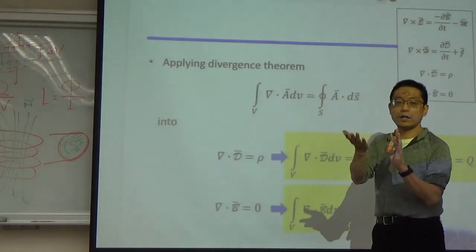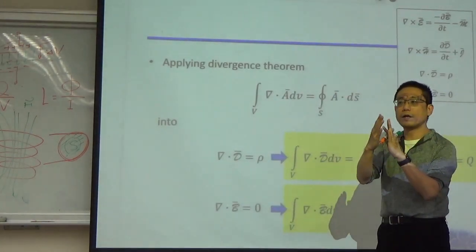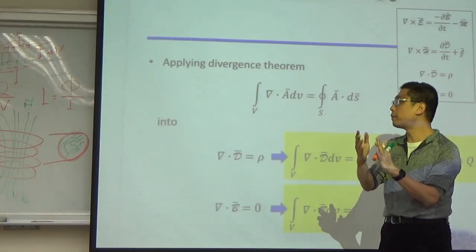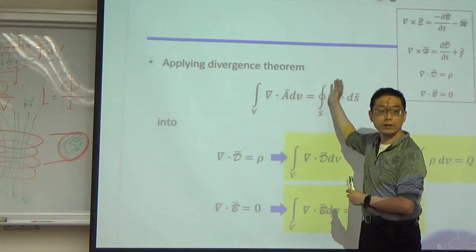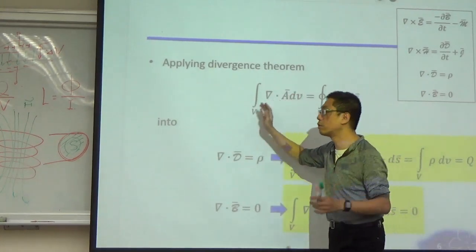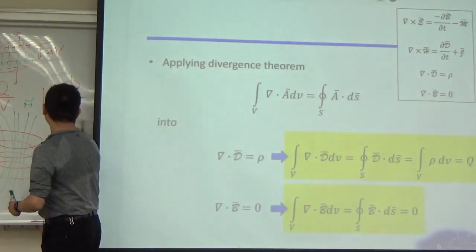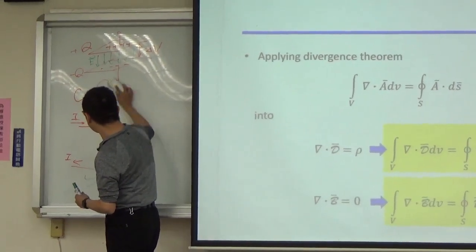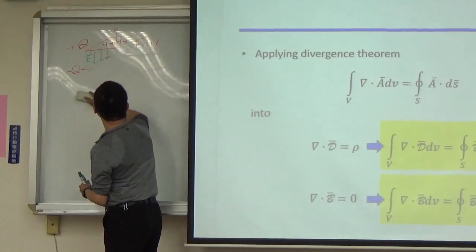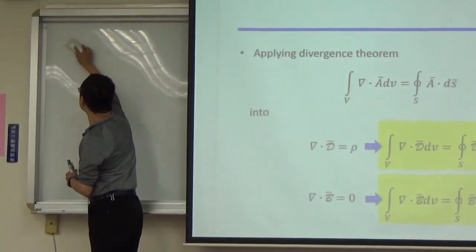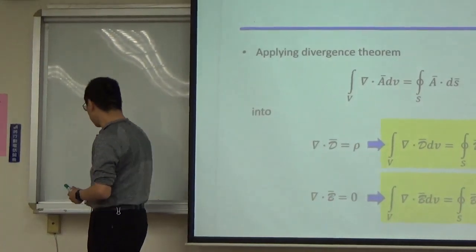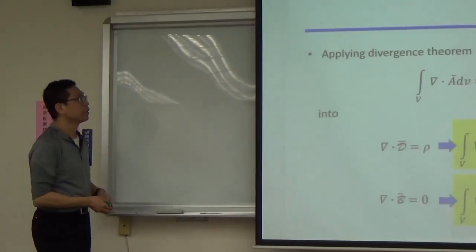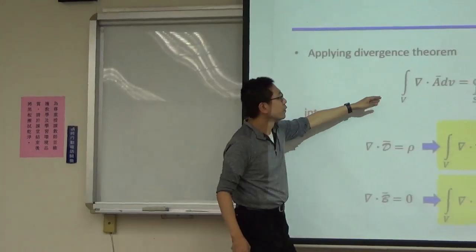You can find in the back part of your textbook an appendix about the theory. This is a vector theory. Just don't worry about it. If you don't remember that, it's fine. But if this question shows up in the midterm, you should know where you can find the equation. There is a rule.